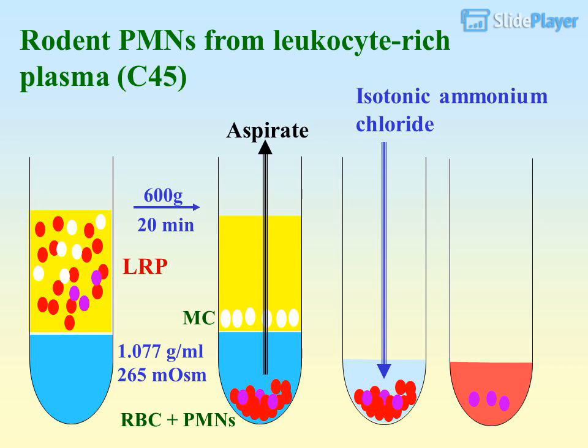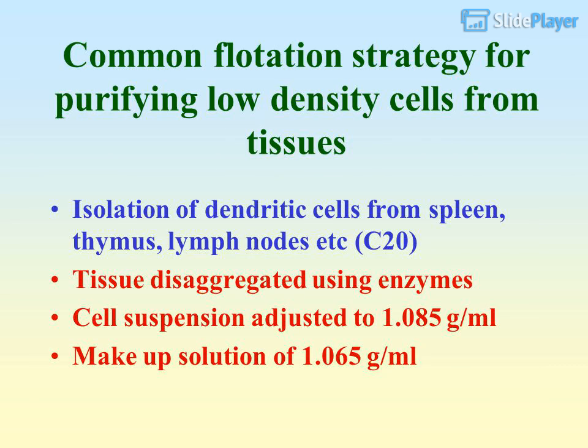This reduced osmolality medium can also be used to harvest rodent PMNs from a leukocyte-rich plasma. After the centrifugation, the mononuclear cells are at the interface and the PMNs and residual red blood cells are in the pellet. All of the liquid above the pellet is aspirated and the red blood cells are lysed selectively using ammonium chloride.